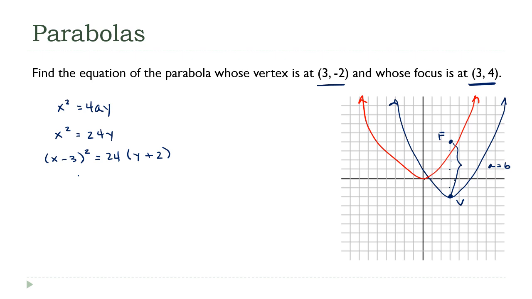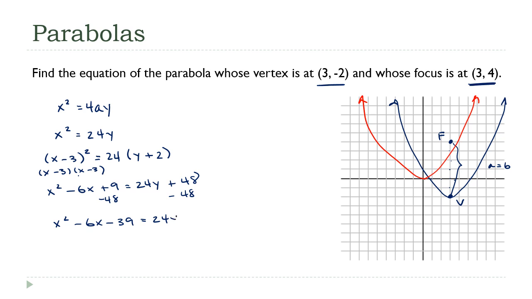So let's see. If we multiply out this left side, this is x minus 3 times x minus 3, right? So that's x squared minus 6x plus 9 equals 24y plus 48. And then let's combine some stuff. Let's subtract 48 from both sides. x squared minus 6x minus 39 equals 24y.